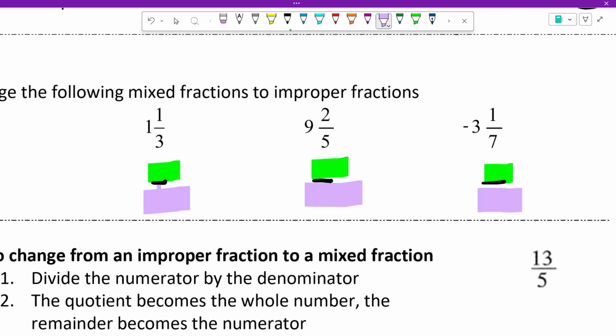So this doesn't change. 3, 5, 7. And let's figure out the numerators. What should the numerator be for the first one? 4. Thank you. 3 times 1 is 3, plus 1 is 4.